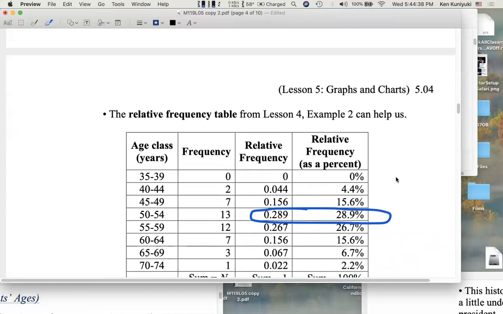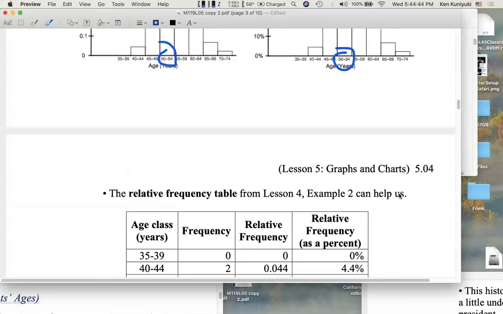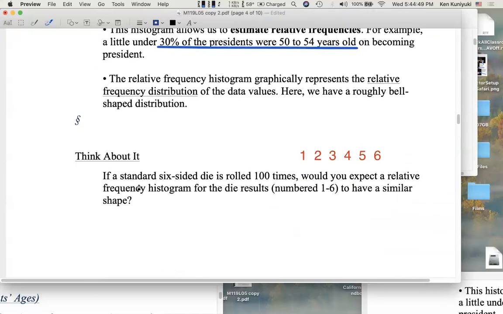Now, here, for both the frequency and relative frequency histograms, we saw maybe a very rough bell shape. What if we had this situation? A standard 6-sided die is rolled 100 times. And you record the frequencies for the 1s, 2s, 3s, 4s, 5s, and 6s. The number of times the die comes up a 1, a 2, and so forth.